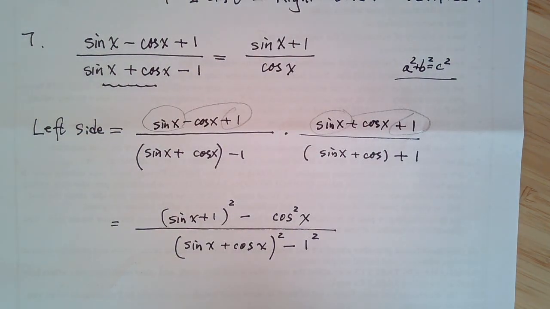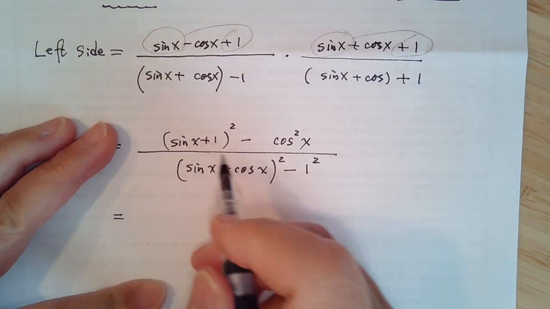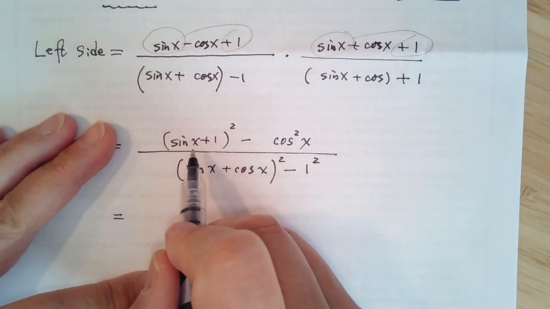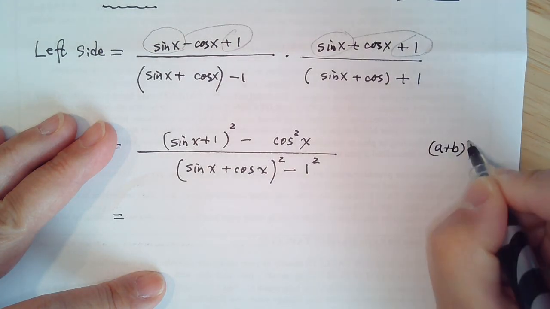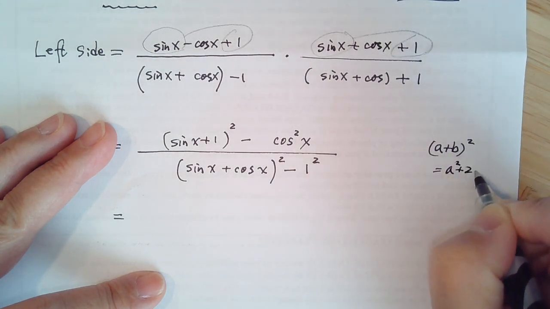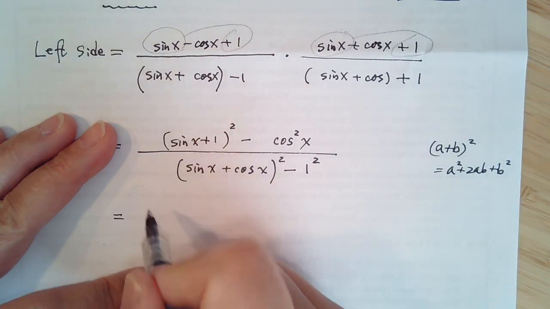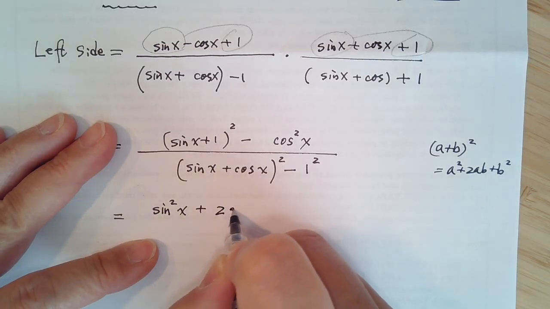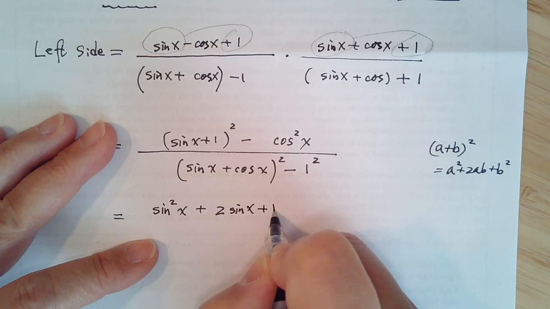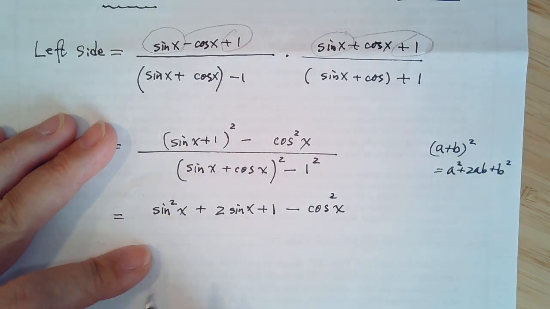A lot of signs, plus, minus, you have to be super careful. Now let me simplify this a little bit. You can either use FOIL or use a plus b squared, which is a squared plus 2ab plus b squared. So the numerator is sine squared x plus twice sine x plus 1, then minus cosine squared x.